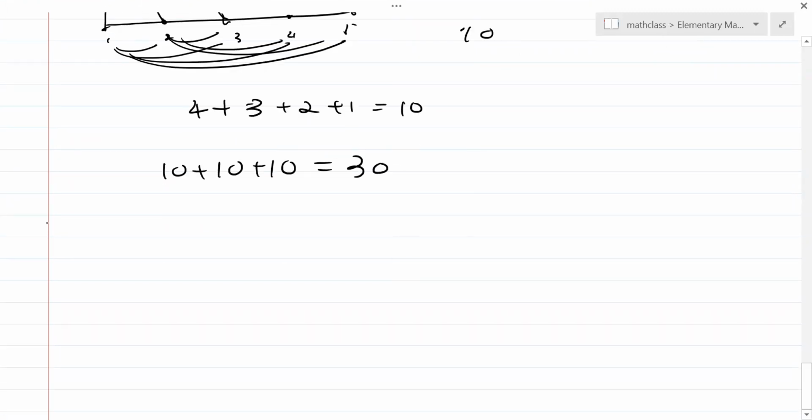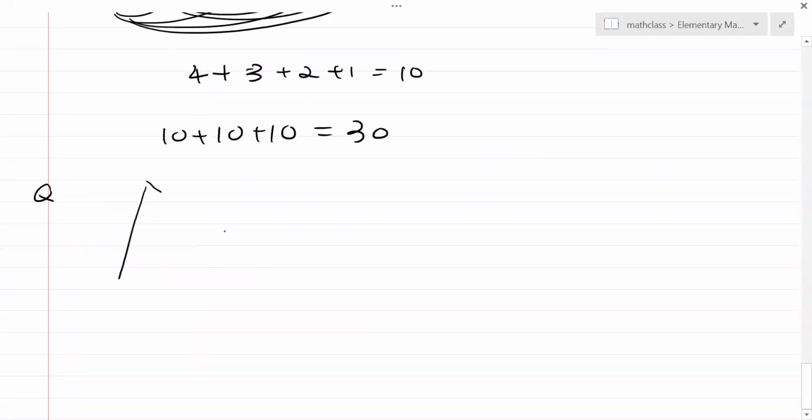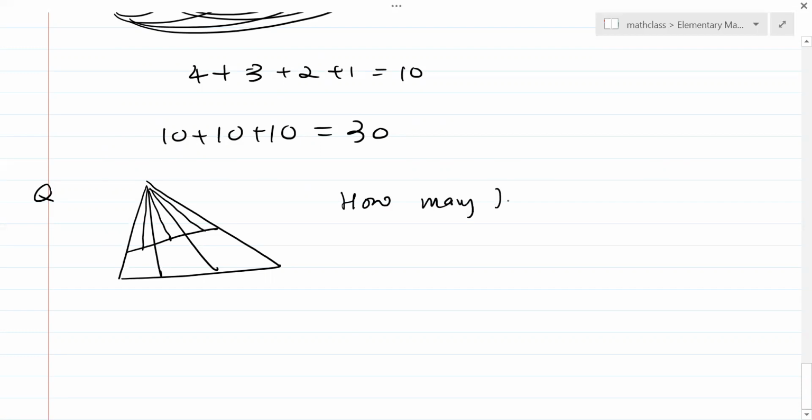Okay. Now, one slightly different, because I hope everybody knows how to do this problem. I only draw 2 lines, but this time I draw this. How many triangles there? All right, count.